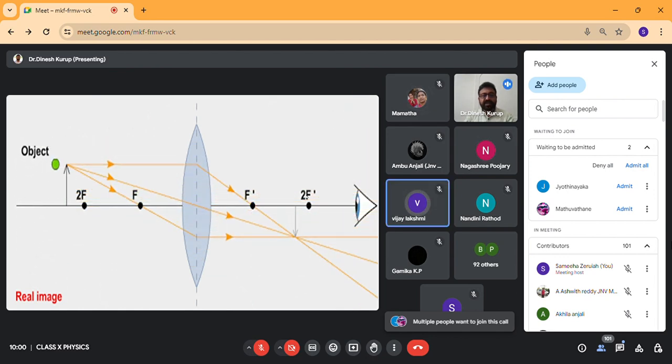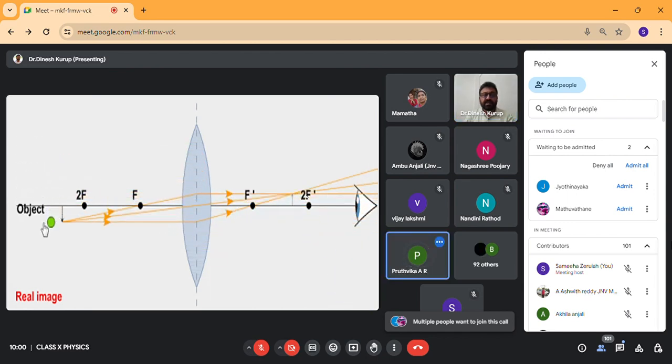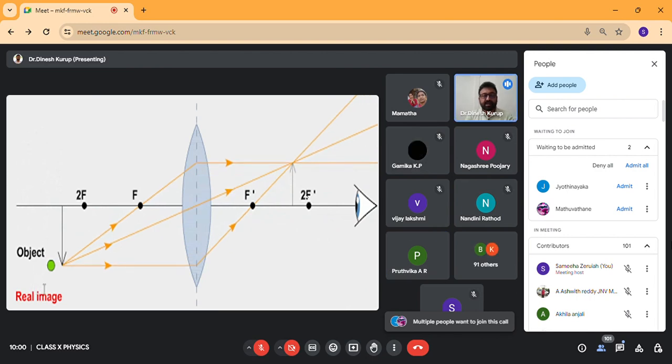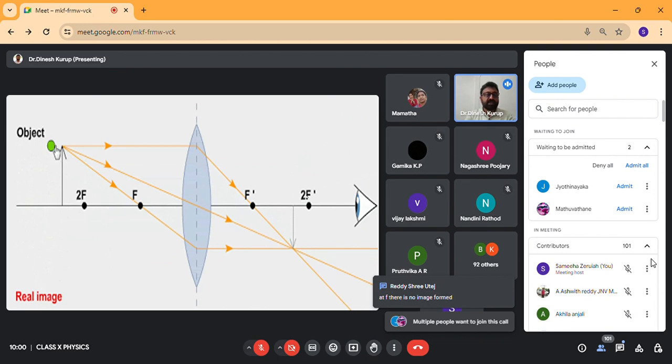At 2f, ma'am. Real and inverted images at 2f. That is common, the image is the same size.